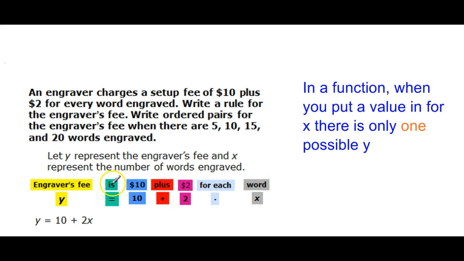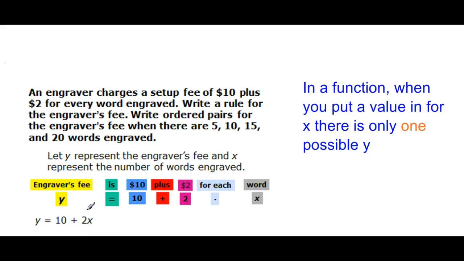The fee equals $10 plus $2 for every word engraved. So every word engraved is our variable because that's what changes. Okay? So y equals 10 plus 2 times x, and we can write the rule like this.